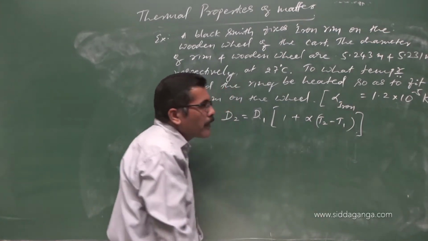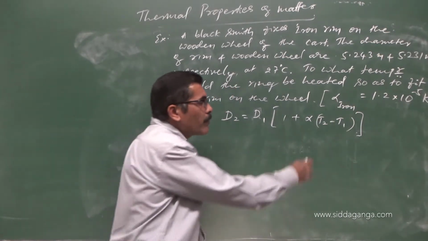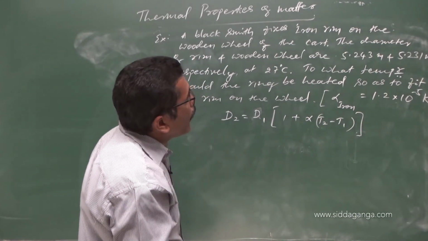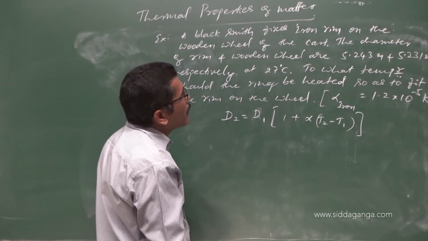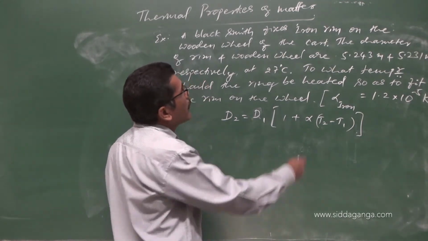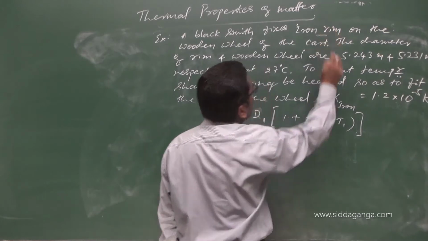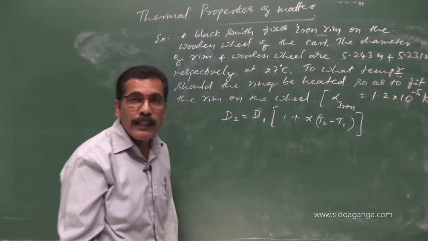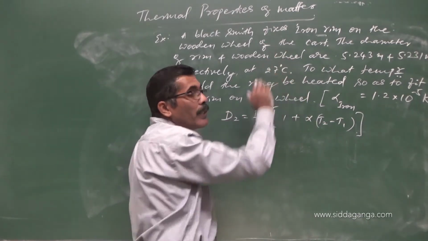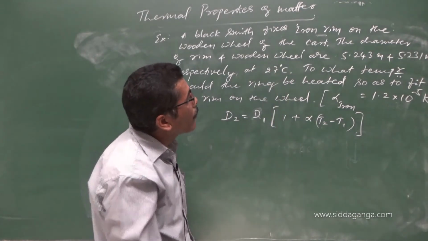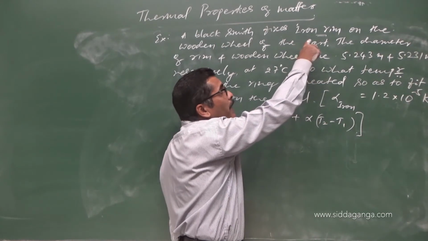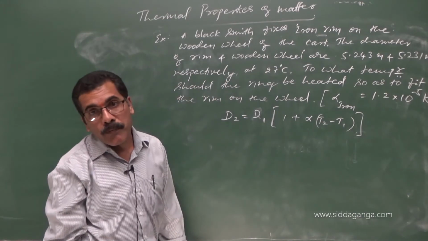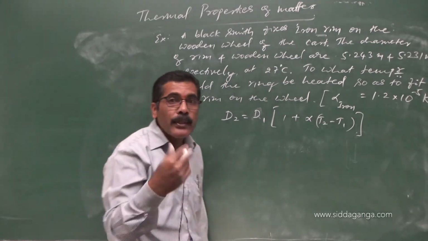You want to calculate T2, to what temperature it has to be heated. The initial iron rim is smaller in diameter compared to the cart wheel, so it has to be heated such that the rim acquires the diameter of the wheel.